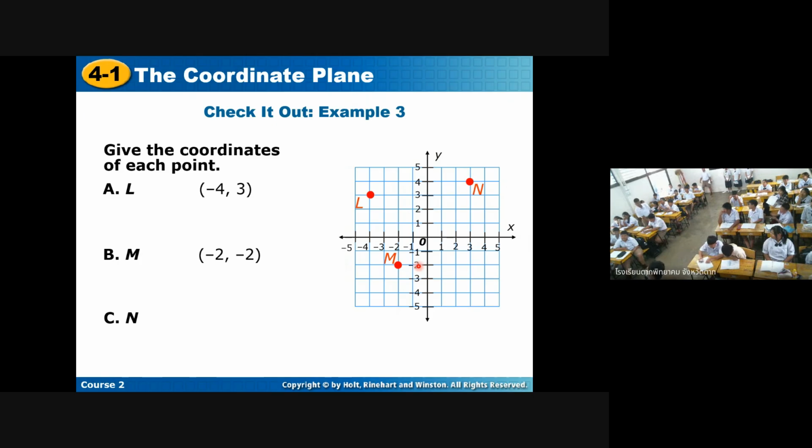What are the coordinates of point N? It's 3 comma 4. Do you understand? Good.